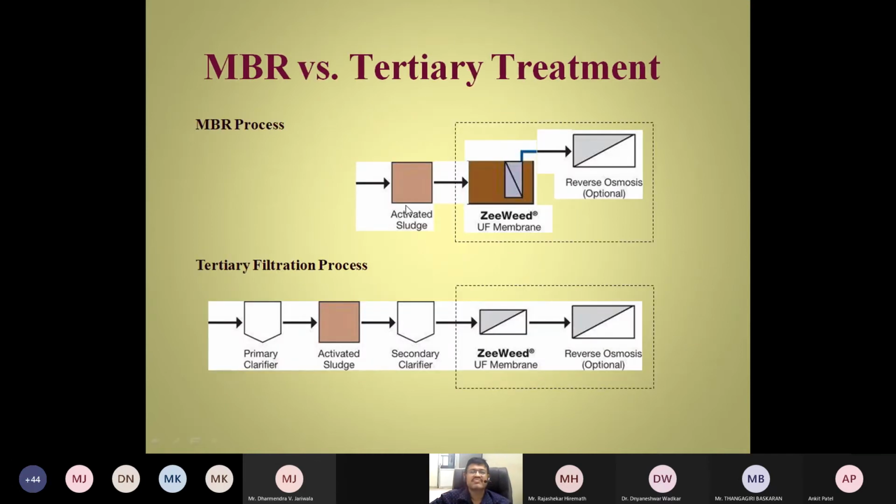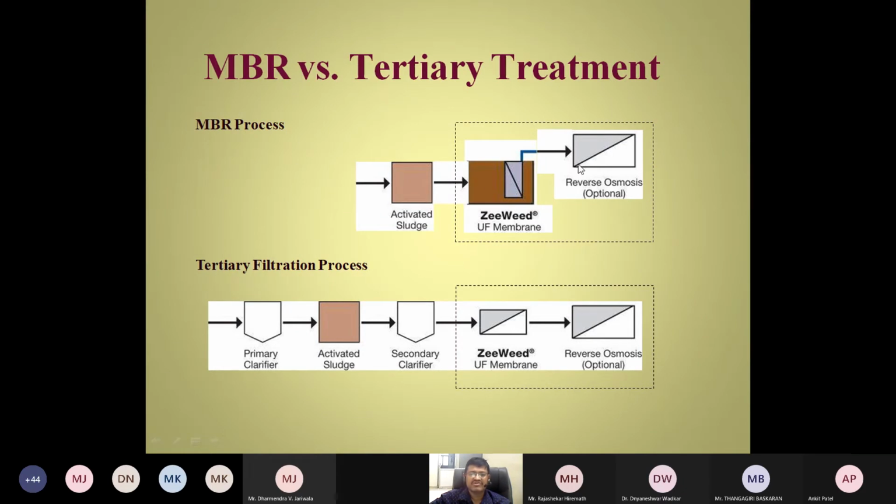So you can see here a membrane MBR process. What we are doing, we are removing this after activated sludge directly. This membrane process is there. We don't need all these things, secondary clarifier and everything, or primary clarifier also, generally.